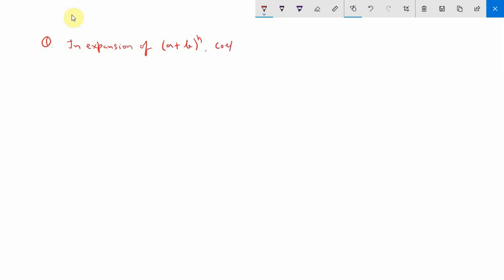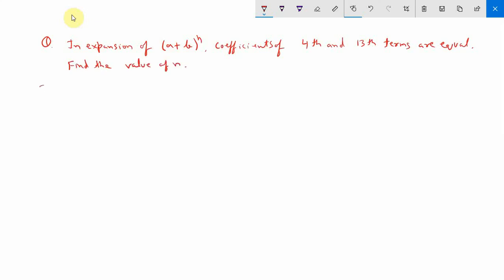So the coefficients of the 4th and 13th terms are equal. Okay, and we have to find the value of n.